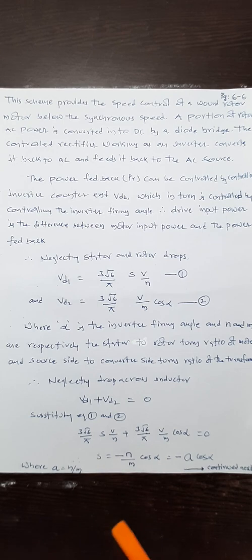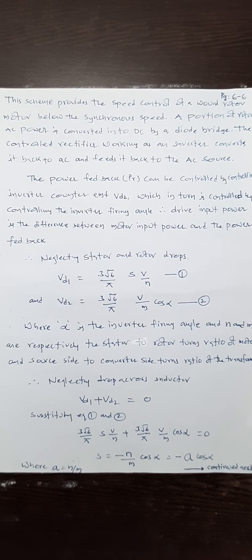This may take some more derivations, so let us stop the class here today and we will continue in the next class. To summarize, first we discussed the static rotor resistance control method, and after this we started the slip power recovery schemes. In this slip power recovery scheme, the static Kramer drive was also discussed.